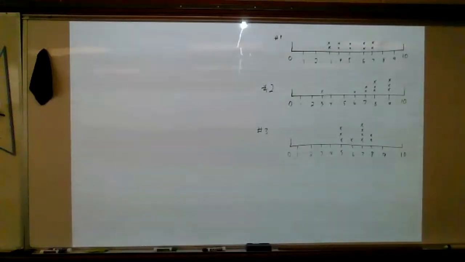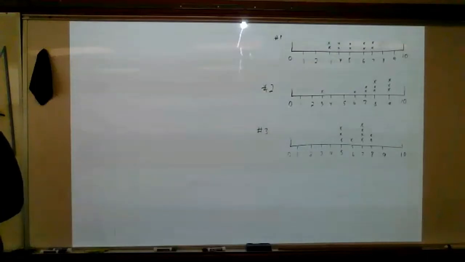IQR for this problem or standard deviation? And it comes down to, what does the graph look like? Okay? Who thinks they've got an answer for me for number 1? Am I using IQR or standard deviation?